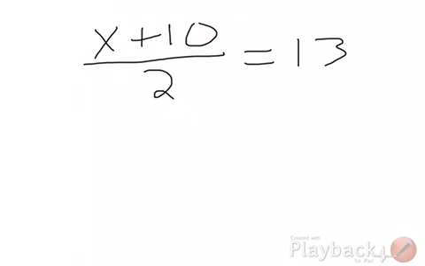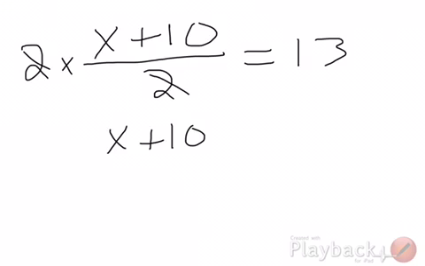And to get rid of a divide by 2, I have to multiply by 2. Okay, so there's step 1, all done. So we have x plus 10 left over here. And on the other side, what you do to one side, you have to do to the other. We have 26. All right, now it's just a simple one-step equation.